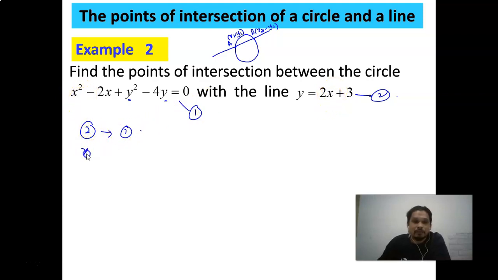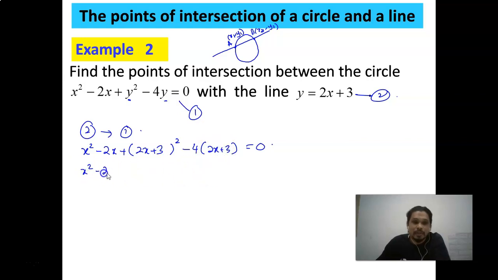So x squared minus 2x plus y squared, where y is squared, minus 4 times y equals 0. We substitute y with x plus 3 and another x plus 3.